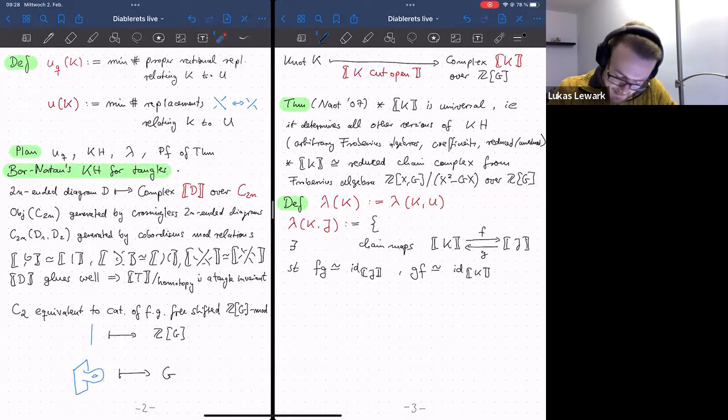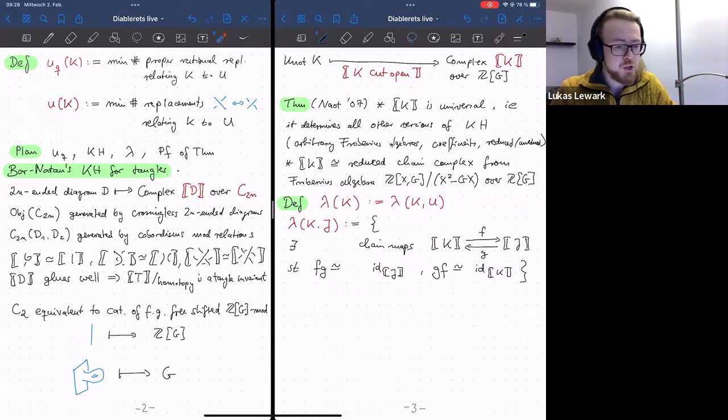Okay, and of course that's not quite what we want, because this would just be an equivalence relation, not a distance. So what we ask instead is we weaken this condition here. We don't ask that F composed with G is necessarily homotopic to the identity, but we just want it to be homotopic to a power of G times the identity.